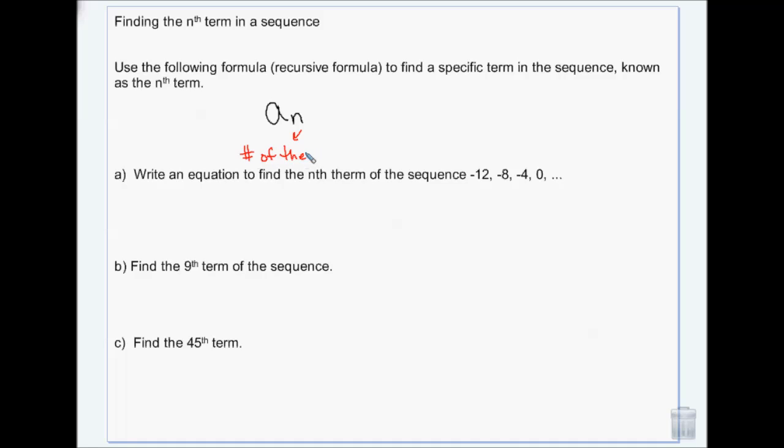Not the value, but just the number, the order it is, is equal to a sub 1. A sub 1 is the first term in the sequence.